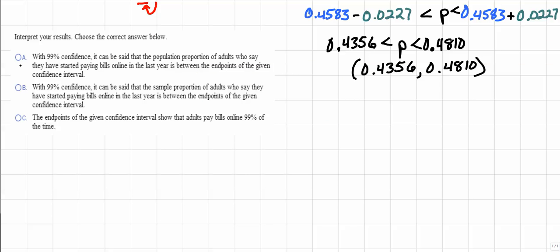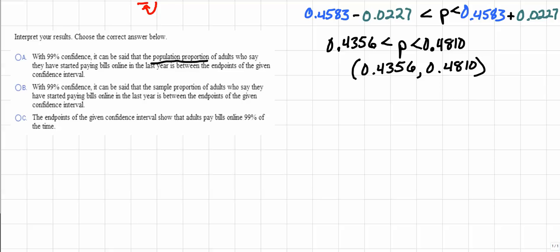So now we need to interpret the results, and we're going to choose the correct answer below. Read the first statement. It says, with 99% confidence it can be said that the population proportion of adults who say they have started paying bills online in the last year is between the endpoints of the given confidence interval. That would be the correct answer, because the key is population proportion.